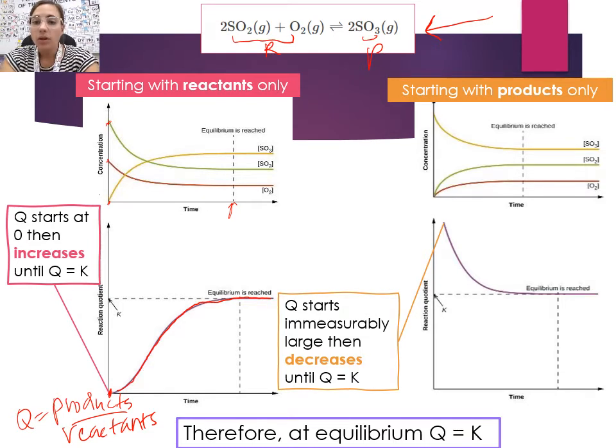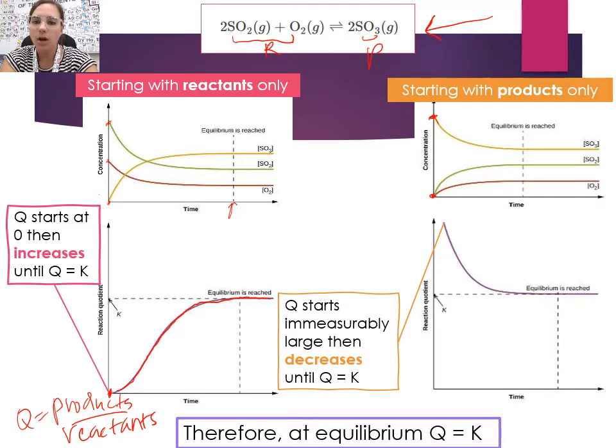Now, if I start with all products, then my concentration of product is going to start high and it's going to decrease until it levels off. Then my reactants are going to start at 0 and then increase until they level off. But now let's think about Q. Again, Q is products over reactants.